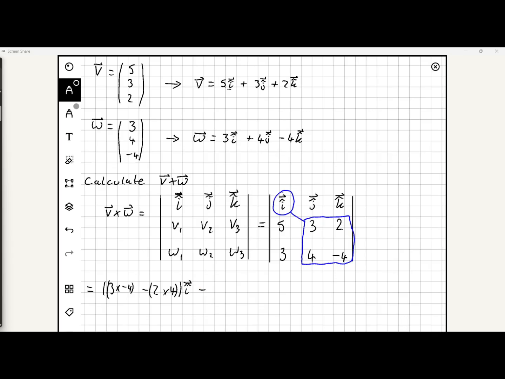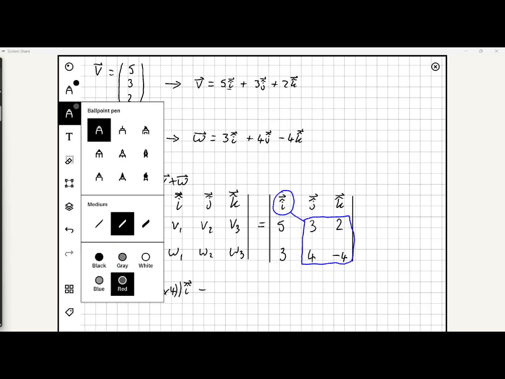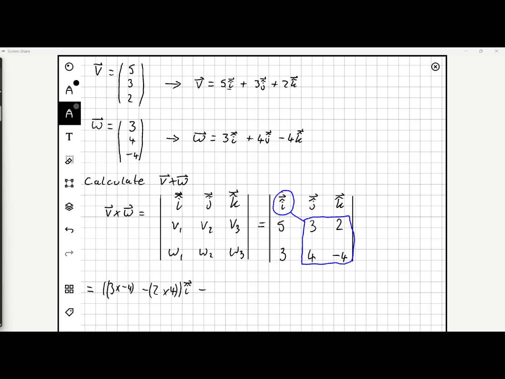Then we have the middle term, so first we use j, then we do this block matrix of the whole thing, but just ignore these two here.